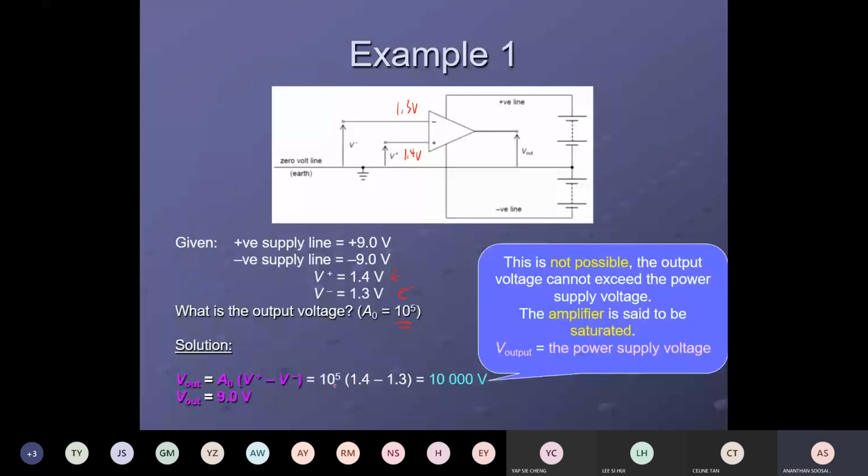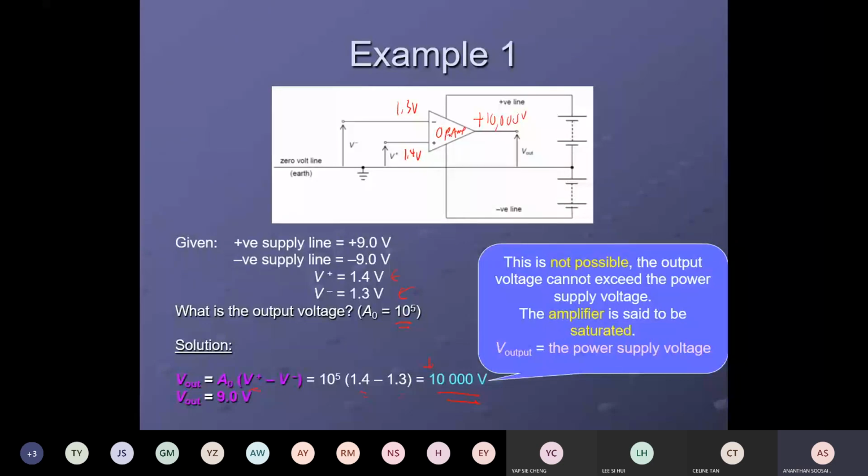So 1.4 minus 1.3 times 10 to the power of 5, the output will be positive 10,000 volt. Why positive? Because V positive is greater than V negative. So the output here will be positive 10,000 volt, instructed by the operational amplifier.